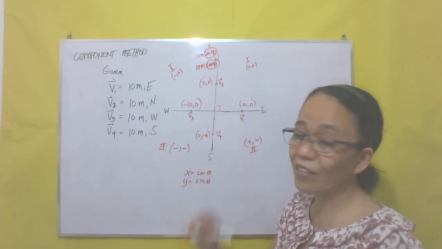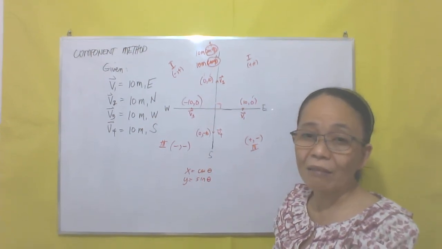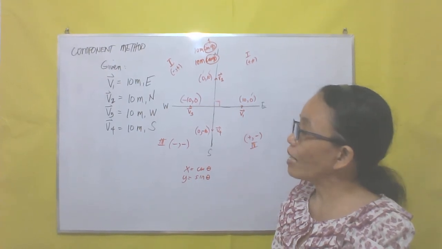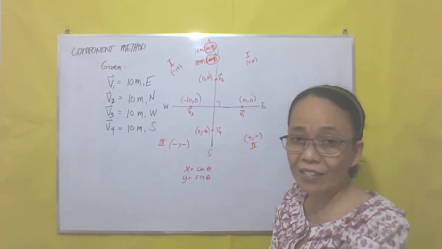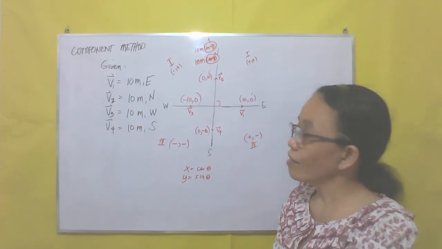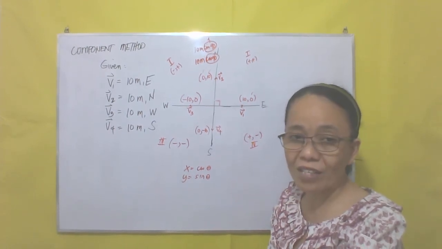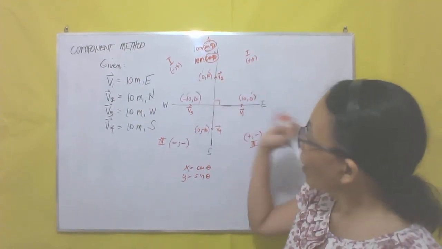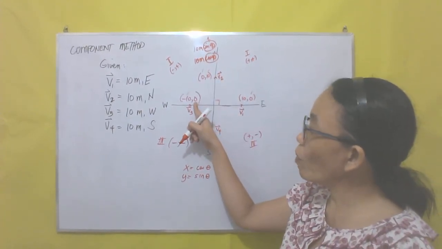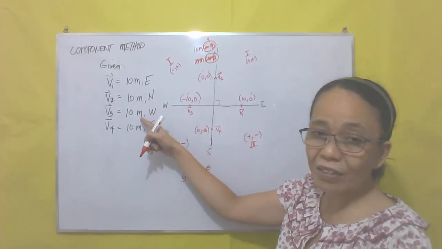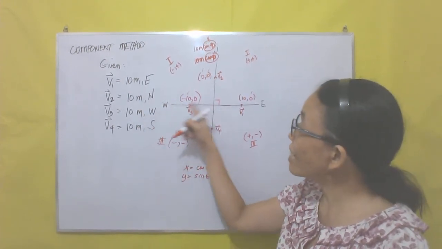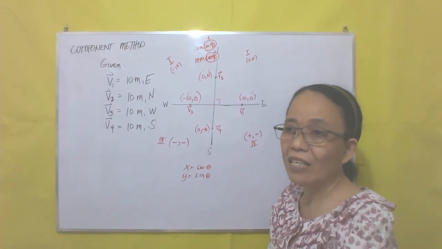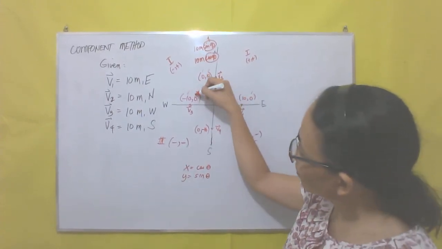It is a straight line, so that measures 0 degrees. Negative 10 meters times cosine 0 is negative 10, since cosine 0 is 1. Next, for the y component, 10 meters times sine 0. Sine 0 is again 0, so sine 0 times 10 is 0.